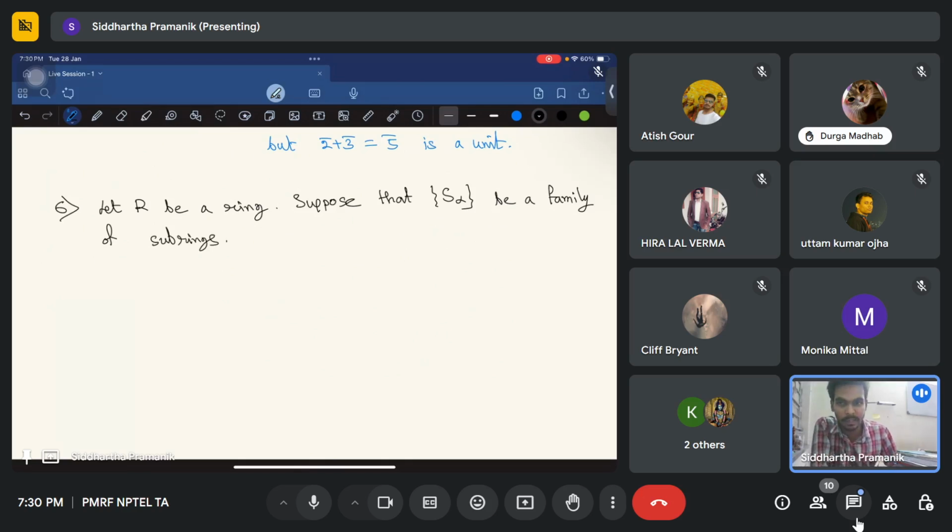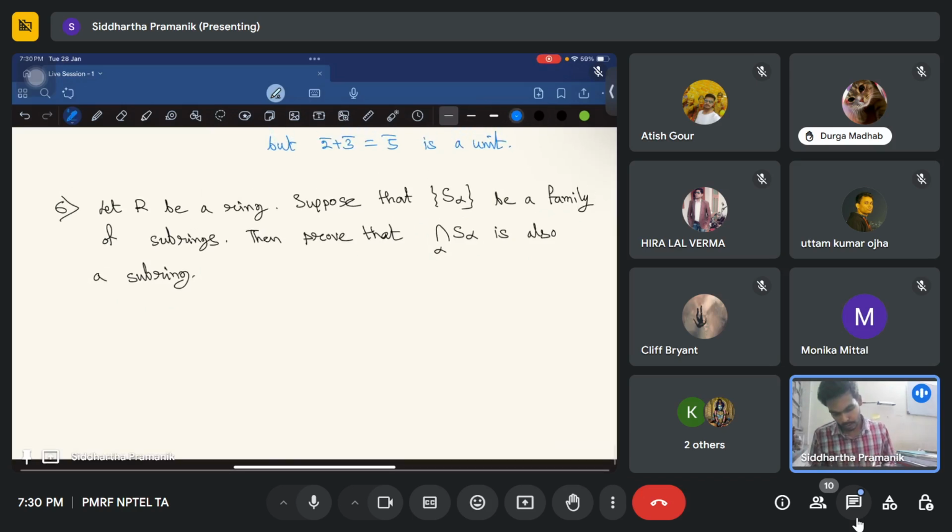Okay, so I'm taking a family of subrings of R, then their intersection of S alpha is also a subring. So we need to prove this. This is very easy actually, but one should know this. So this is saying if you take any collection of subrings, then their intersection is also a subring.